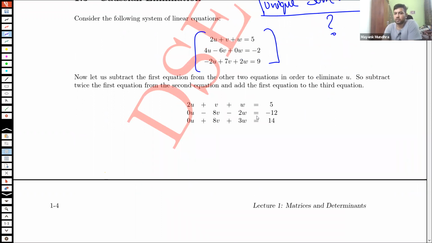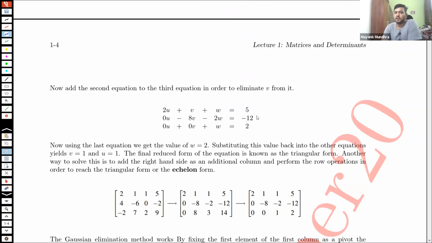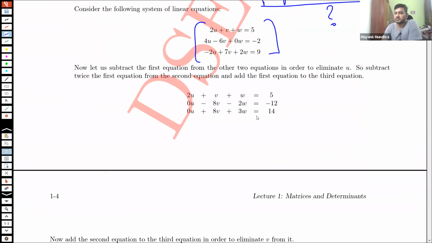I'm going to use something which is known as Gaussian elimination. Here I have mentioned how you could do it. Suppose you do not know any linear algebra, then how could you do it? One way would be to add equations in such a way to get rid of some of the variables.